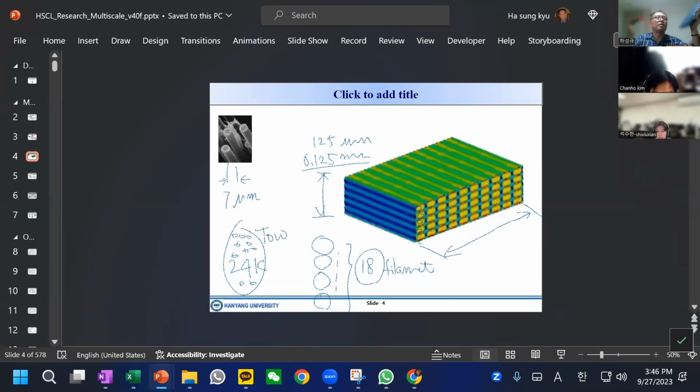Can you calculate it? Imagine we have a 24,000 filament toe. Now we have 18 filaments, and we assume that all fibers are arranged in a rectangular pack.